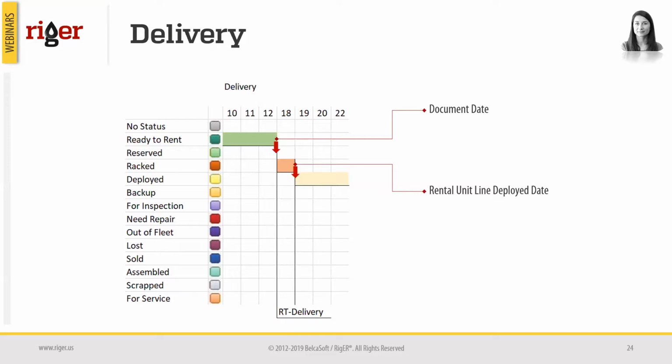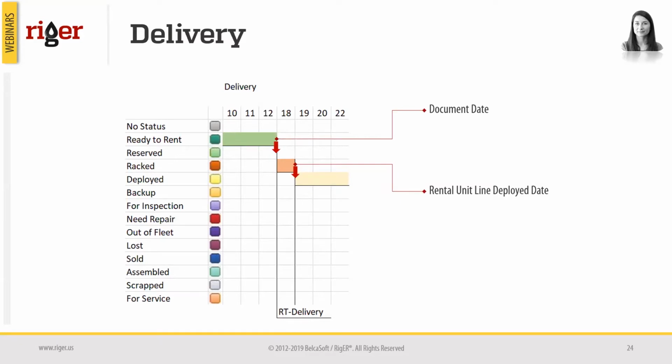You select a document date when the rental unit will be delivered and another date when the rental unit will be deployed. If the delivery date is earlier than the deployment date, the period between these dates will be set as racked for the rental unit.